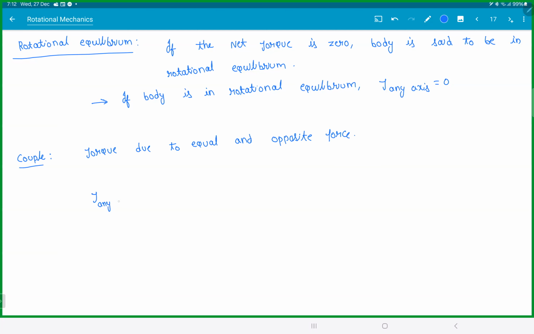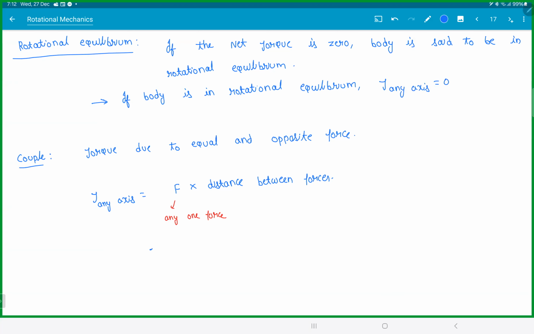So for a couple also, you can take torque about any axis. Torque is force, any one force, into the distance between them. Net force will be 0.